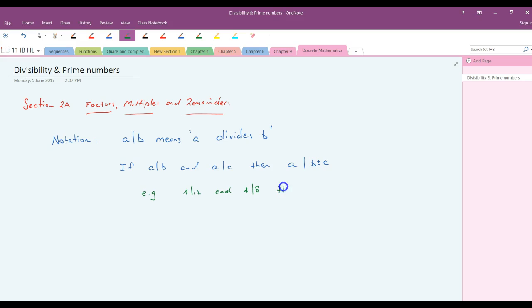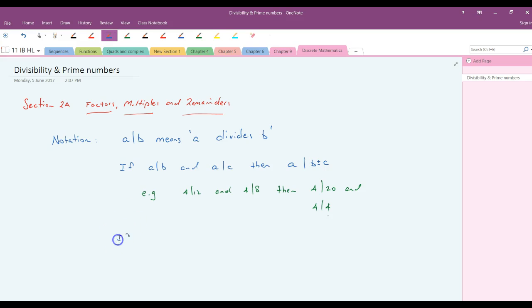Then what this is saying is 4 will also divide B plus C, so that's 20, and 4 will divide B minus C, which is 4. So that checks out okay.